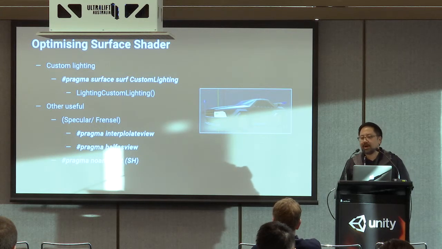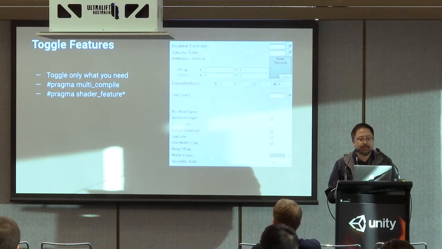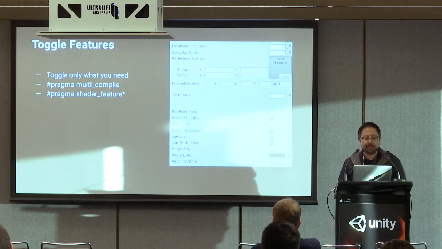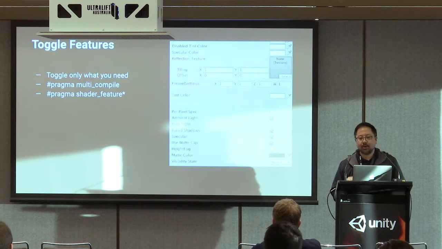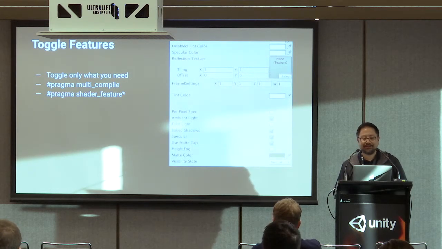There are a lot of these pragmas if you look at the surface shader documentation. Another thing you can do is toggle features. We use this a lot, and you can do it by adding multi-compile or shader feature. The difference between these two is multi-compile always keeps those shader features inside your game, but shader feature strips them out if they aren't used in the material.